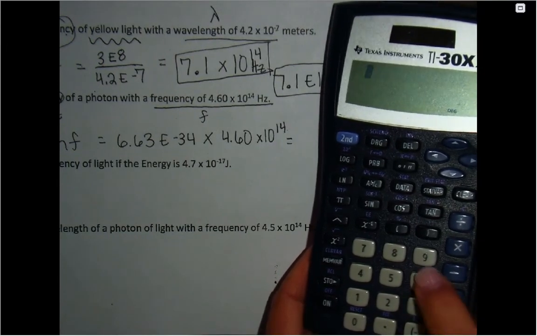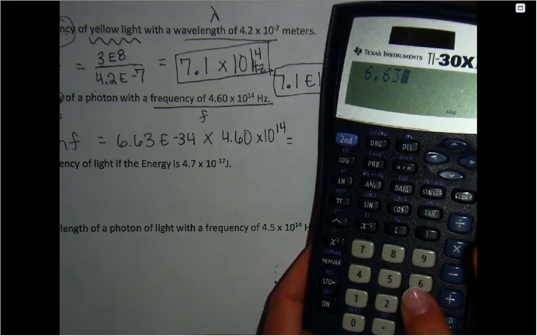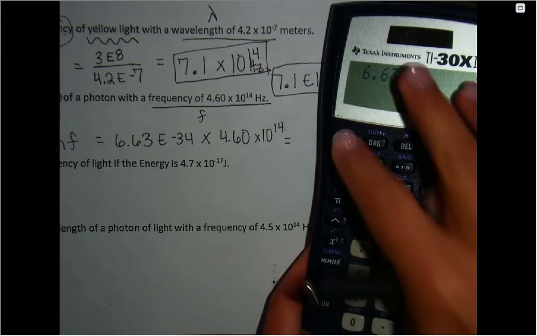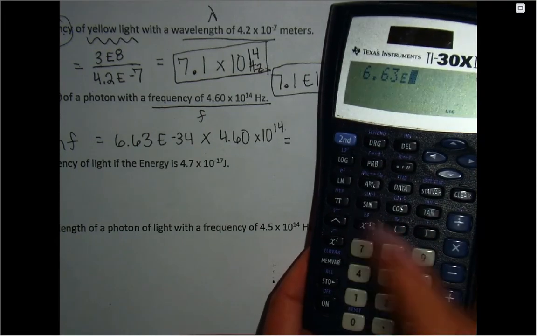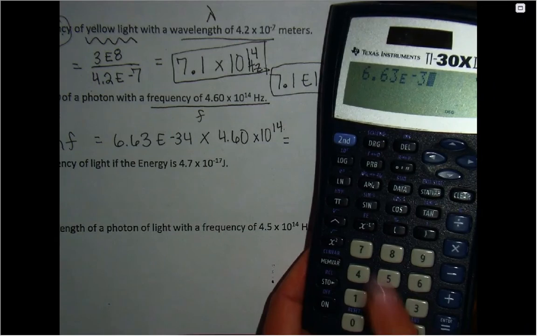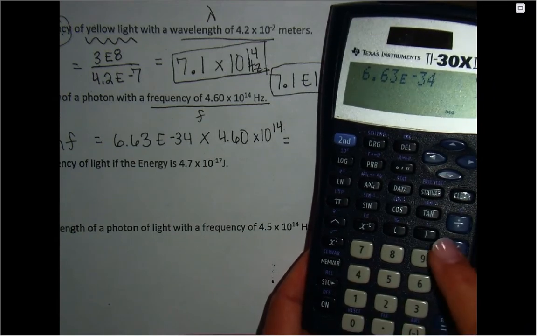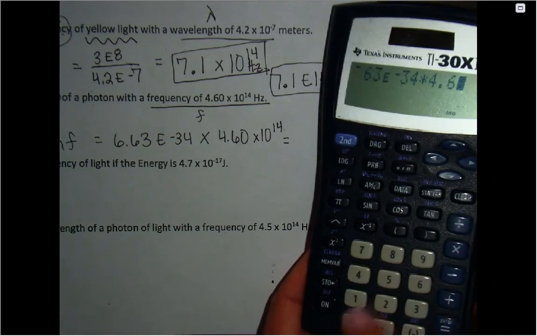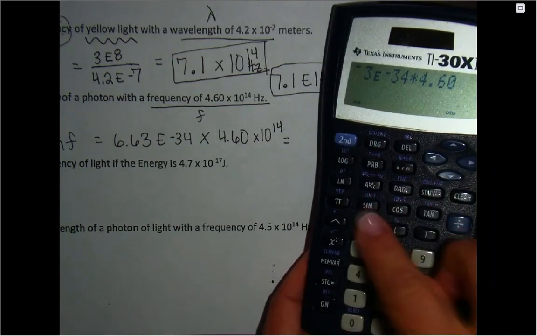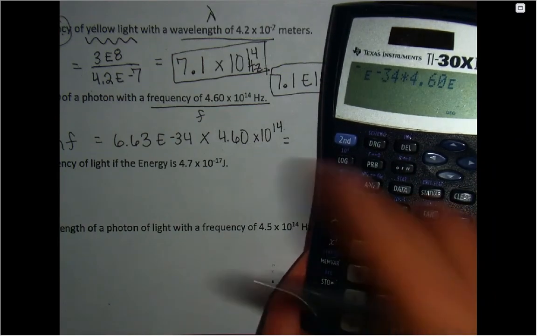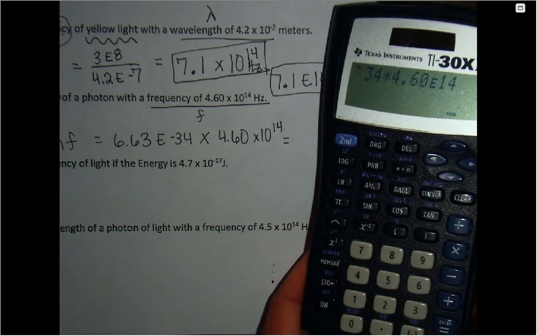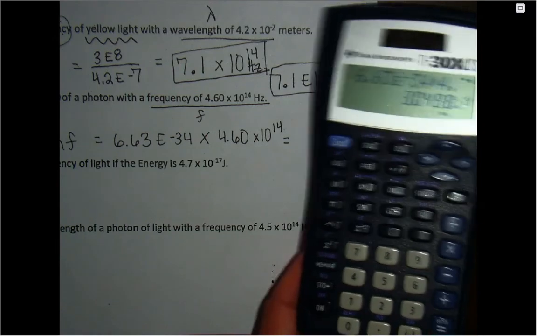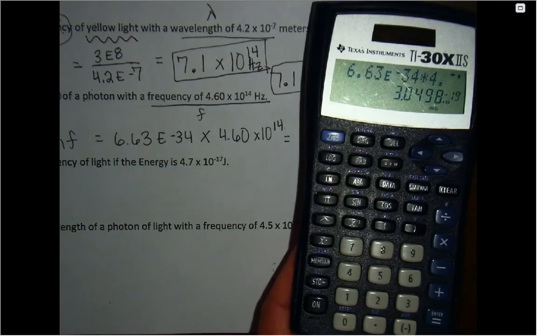So I'm going to say 6.63 E negative 34. Then I'm going to push multiply. And I'm going to say 4.60 E 14. So again, no parentheses. We're good. We're going to push equals, and that's what we get, okay?